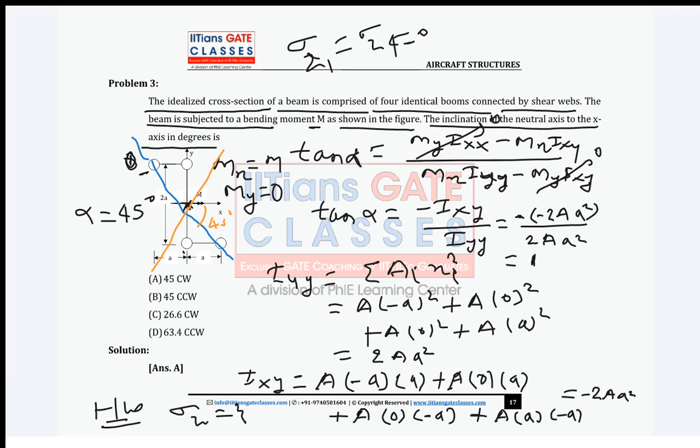Why would it be 0? Is it lying on the neutral axis? It will not be. Only this is the neutral axis. So here there is a distance, right? So non-zero. This distance is non-zero. So one will be compressive, one will be tensile.